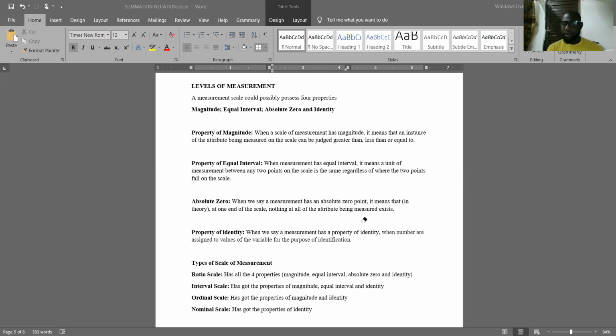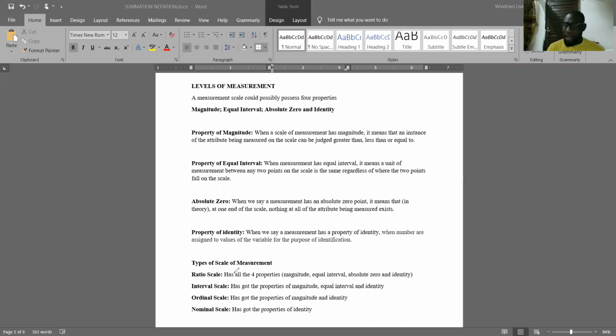All right. So right now, let's delve into the scales of measurement. And as scales of measurement, we have different types. And the highest of them all is ratio scale. When it comes to ratio, we normally say it possesses all the four properties we've mentioned.